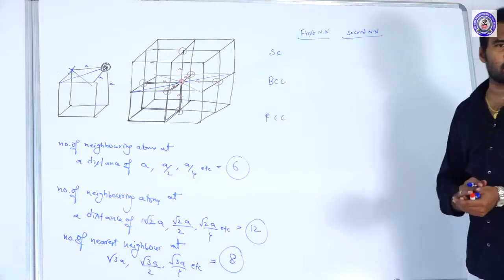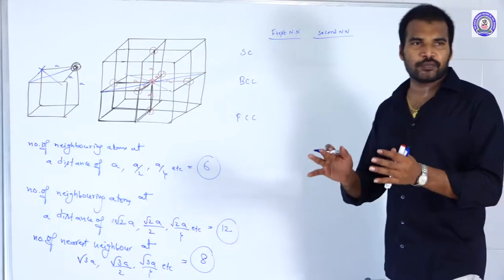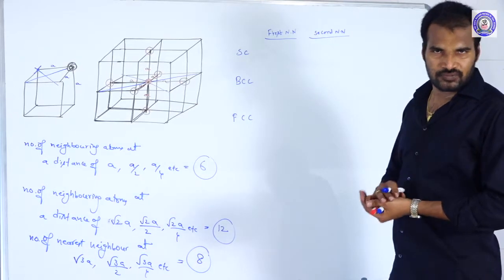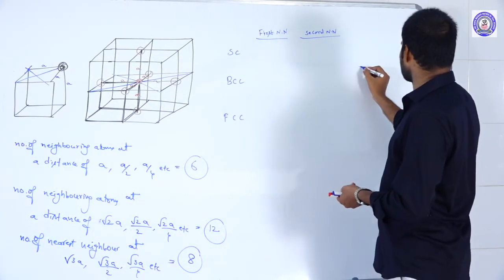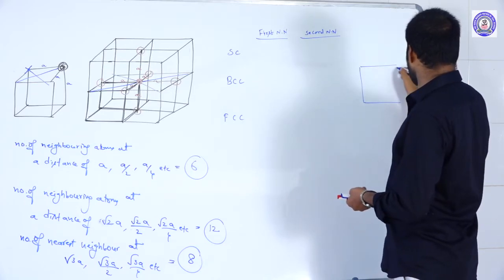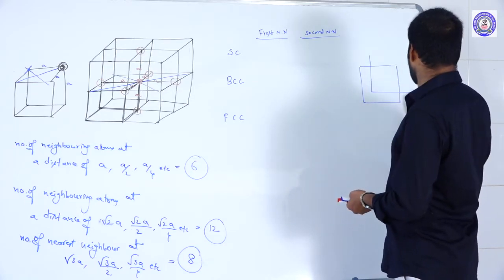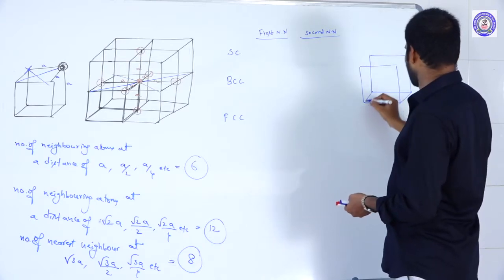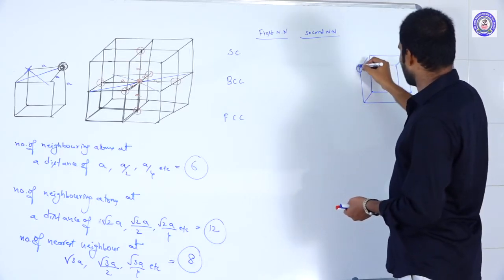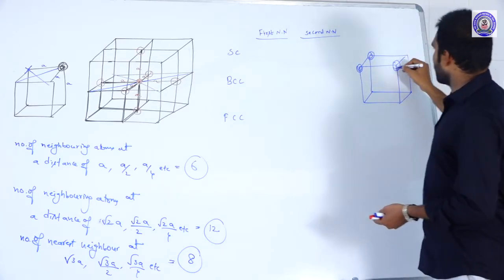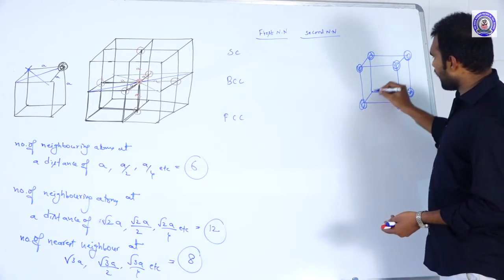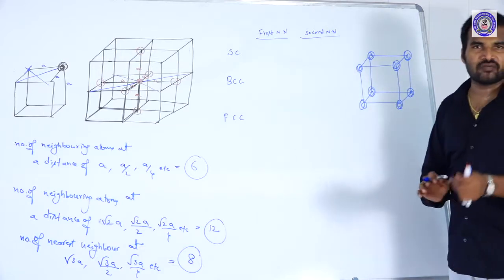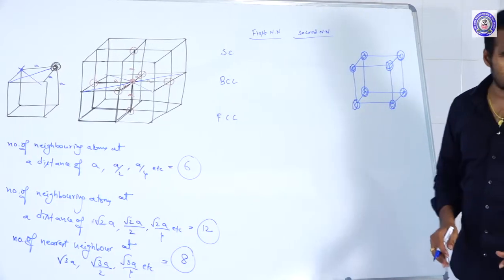Yes, simple cube is nothing but what? Atoms are present only at the corners. If atoms are present only at the corners, what is the shortest distance?